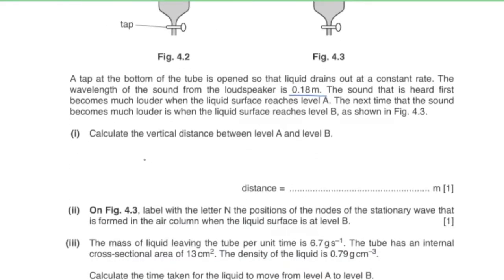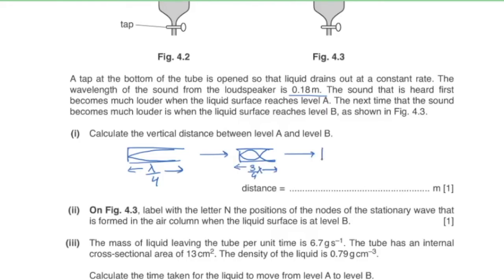So the first sound heard is when the waveform is going to be like this, where the length of this tube is going to be lambda by 4. The next sound heard would be when the new waveform forms like this, where there's going to be an antinode on the open end, and at the closed end there's going to be a node, where this length of the tube is going to be 3 by 4 of lambda.